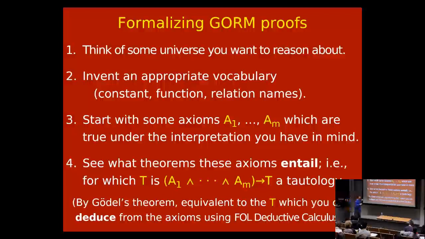And then you start by just writing down some sentences which are not necessarily always true, but you're just positing that they are true in the interpretation you have in mind. So you might write down some axioms that say things like addition is associative, and addition is commutative, and multiplication distributes over addition. So you write down some sentences that are true for the interpretation you have in mind.